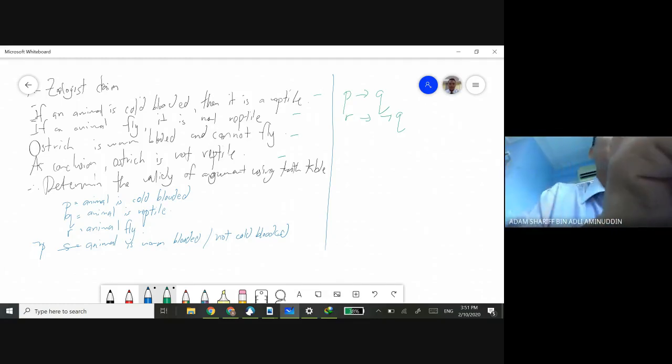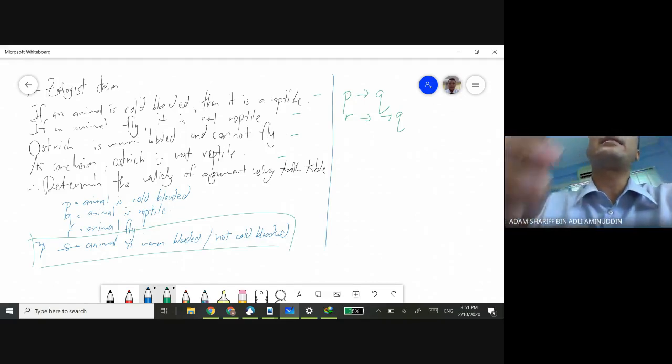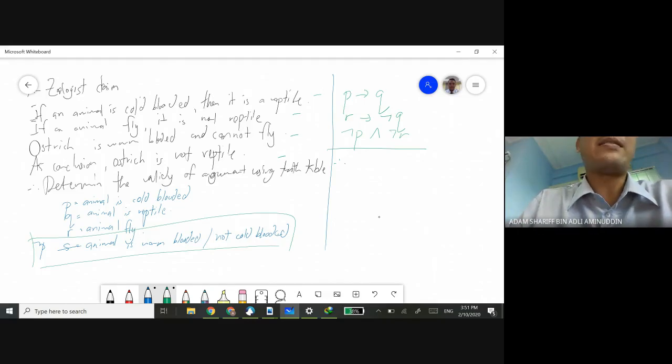This is my point just now: if animal is warm-blooded, then the opposite is not cold-blooded, therefore not P. Not P and cannot fly, not R. As my conclusion, not reptile, not Q. This will be your argument.